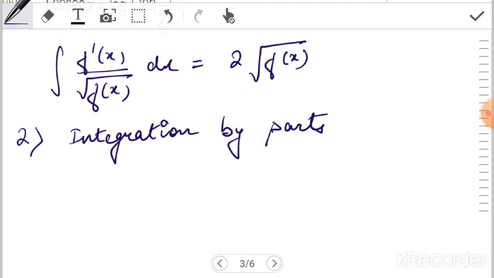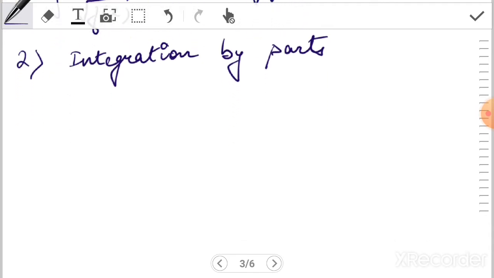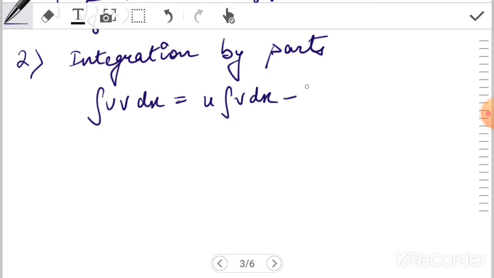So let u and v be two functions of x, then integral u v dx is equal to u times integral v dx minus integral of du times integral v dx.